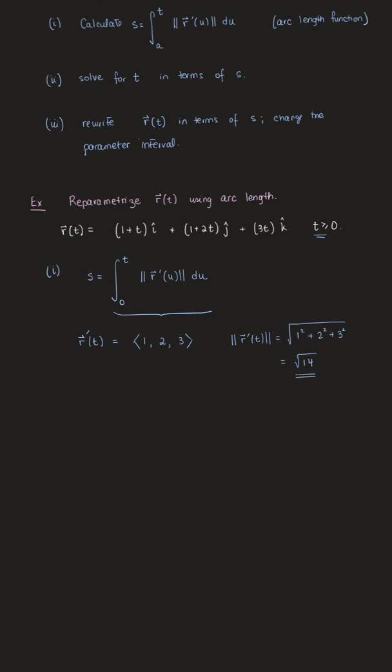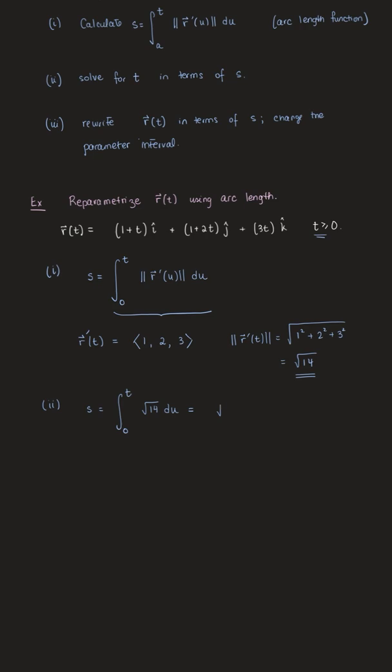So what have we found? Let's put that back into our s. We have the integral from 0 to t of the square root of 14 du. I'm just using u as a dummy variable so that we don't get confused between u and t in the upper limit of integration.